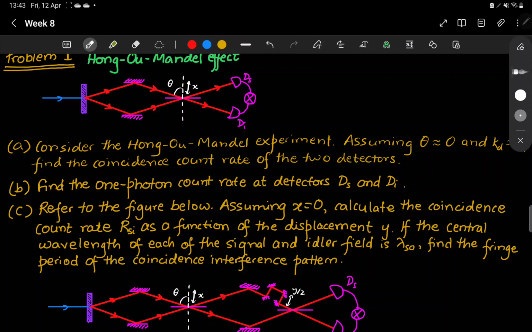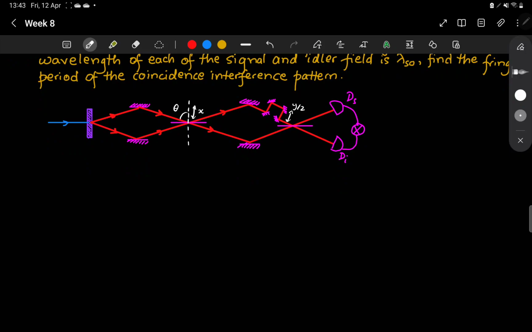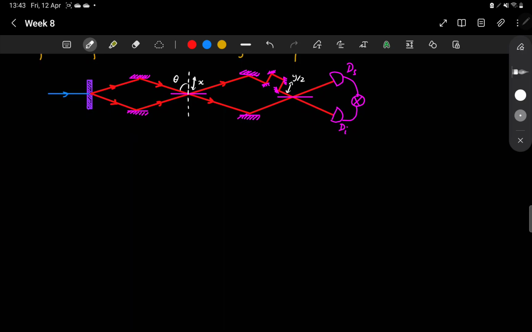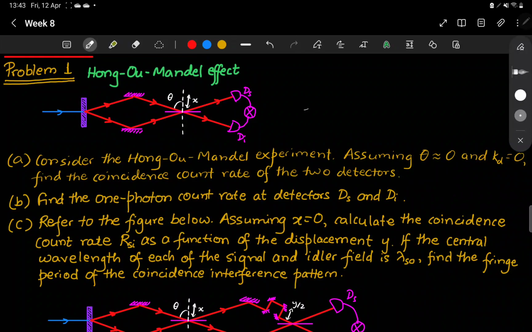Okay, so let us now start solving. Let us begin with the first part to find the coincidence count rate. Coincidence count rate for this Hong-Ou-Mandel setup.